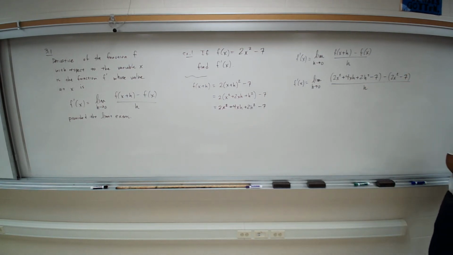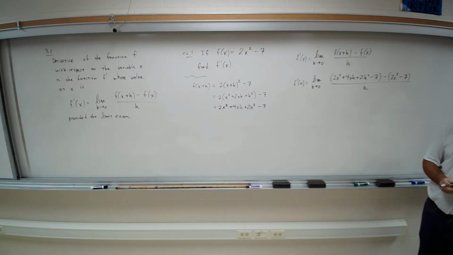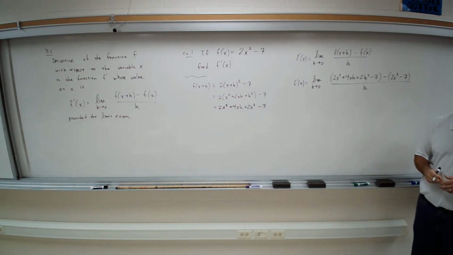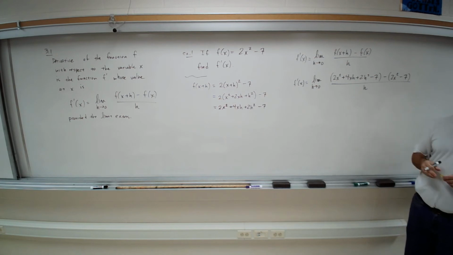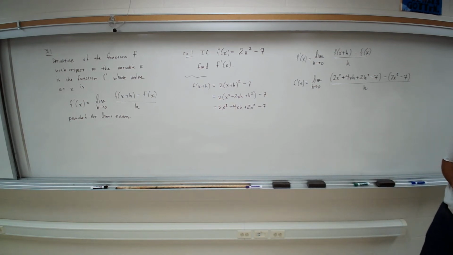Now, the parentheses here around the 2x squared minus 7 are super important. If you forget those, it'll be wrong. Like, it just won't work. The parentheses around here, I just didn't want it to feel left out. They don't really do anything. But this negative being distributed is usually why people miss these, is they fail to distribute the negative.